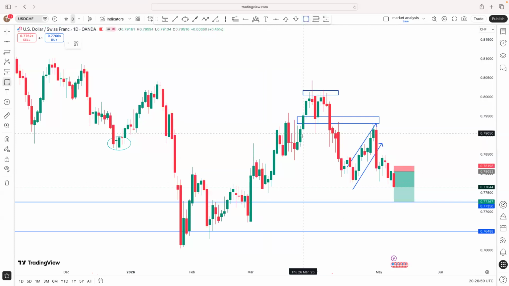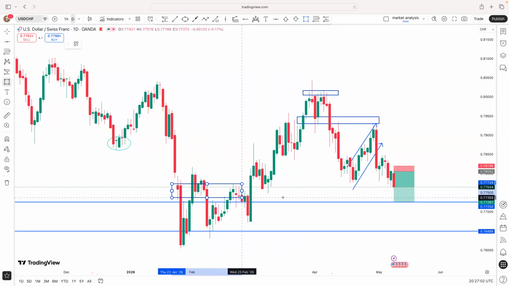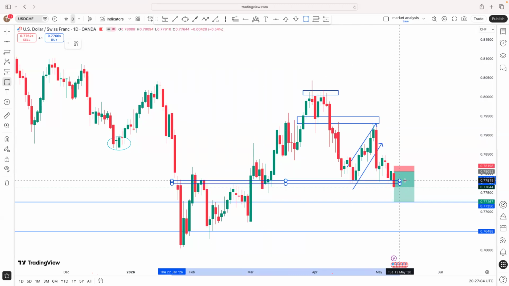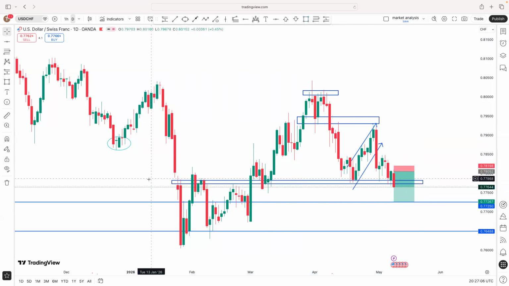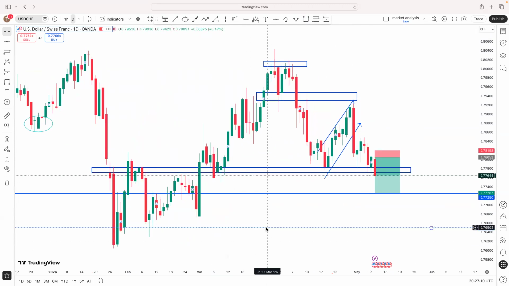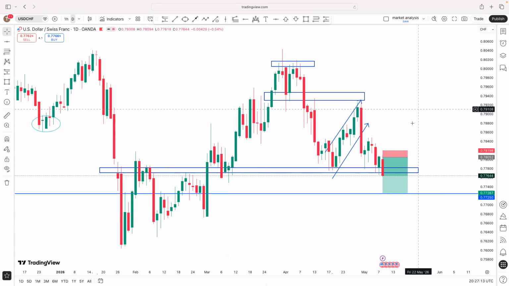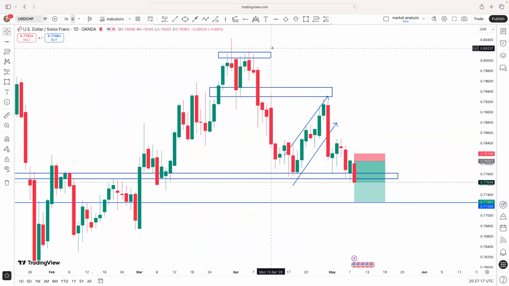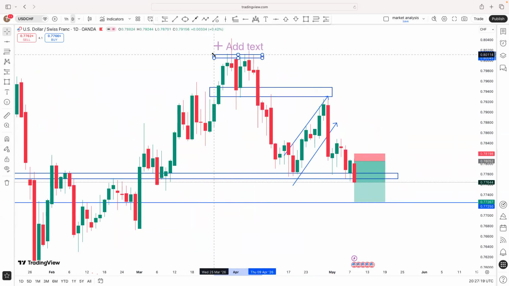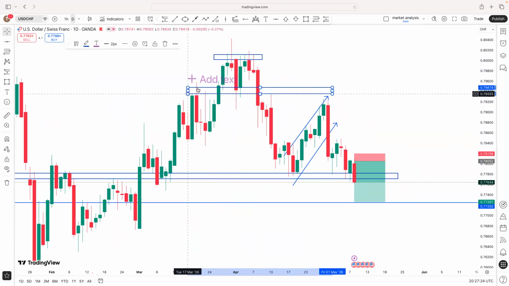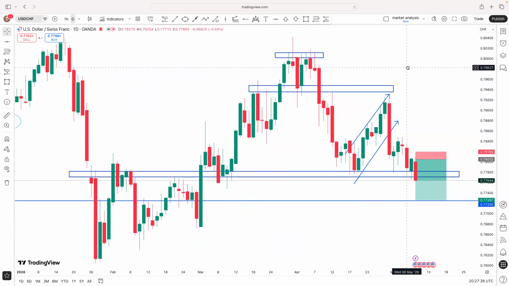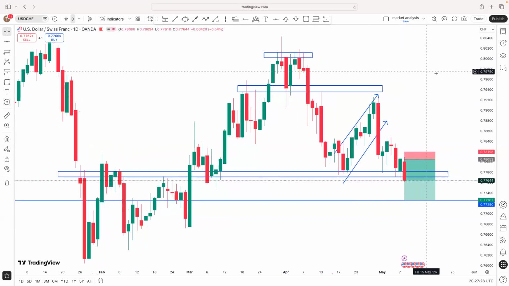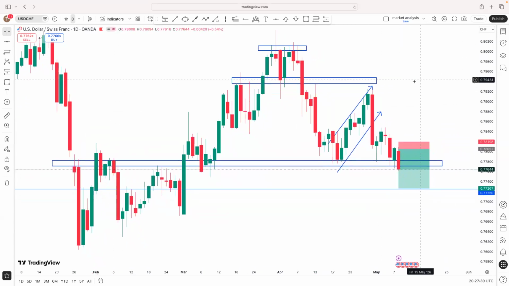We've got an area of interest here, if you pay attention closely. I hope you guys can see what I'm talking about. We've got an area of interest right here.